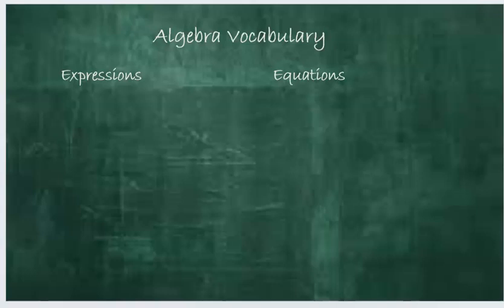So when we go to an expression, it is a combination of 2 or more terms that includes addition or subtraction. So for example, I could have a variable x plus a constant of 4, and this is my expression. My expression contains 2 terms, x and 4, and they are combined with addition.